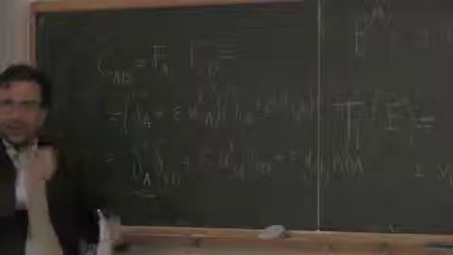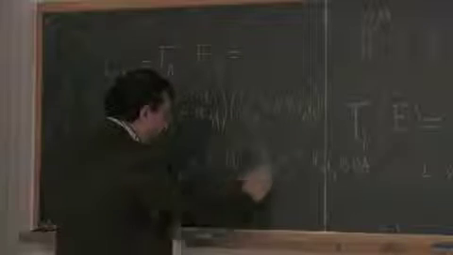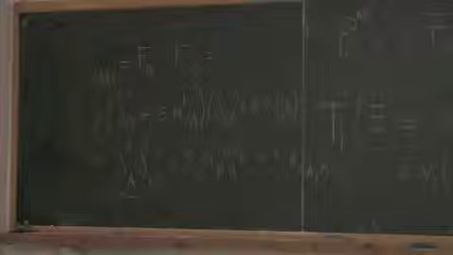Now, if you identify once more the vector in one configuration and the same vector in the second configuration, then you have U_{B,A} and U_{A,B}, which is the symmetric times epsilon, which is 2 times the symmetric part of the displacement gradient.